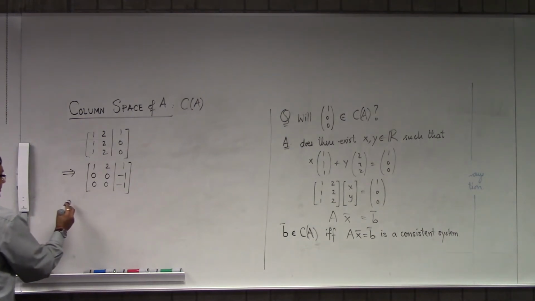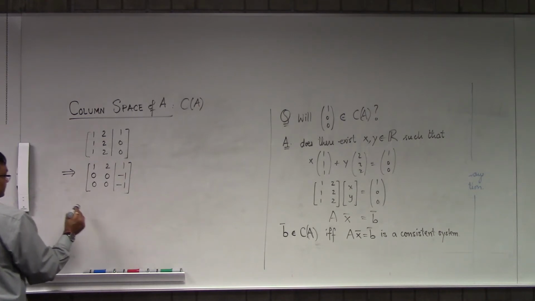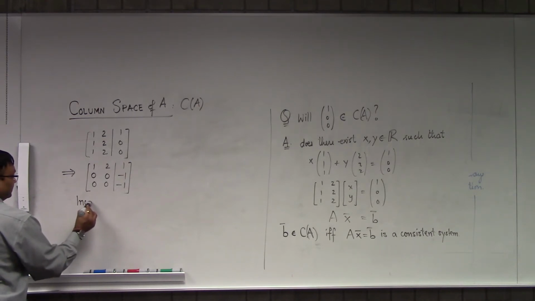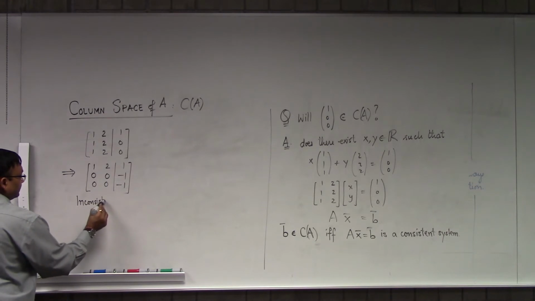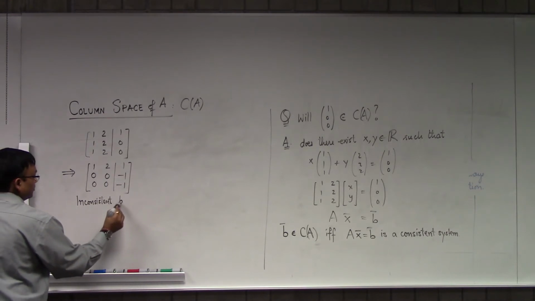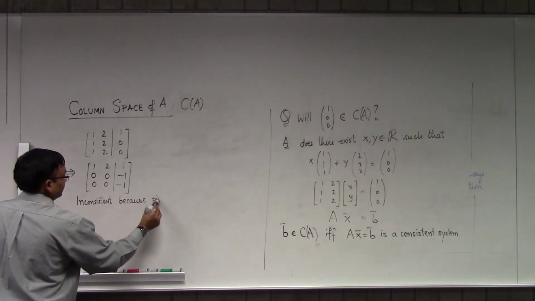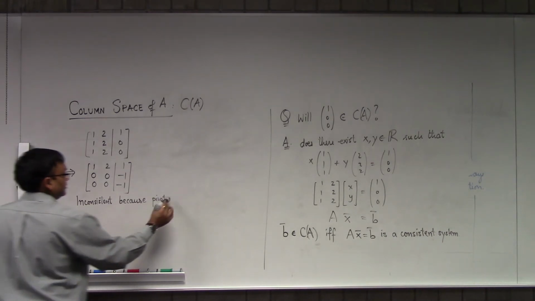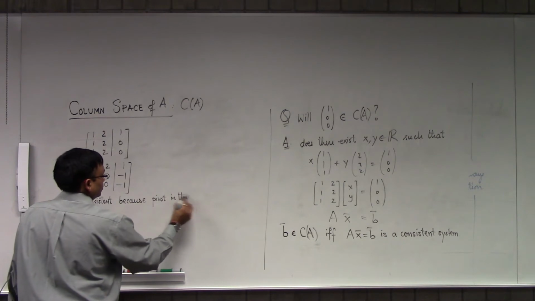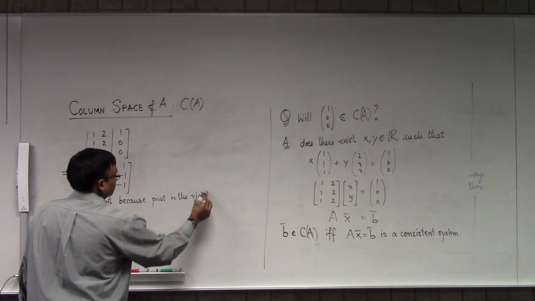As you can see, we have a problem here and the system is inconsistent, because we have a pivot entry in the right hand side column.